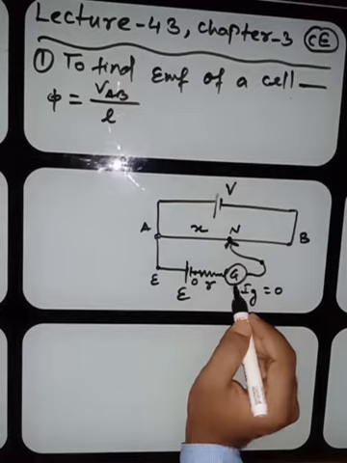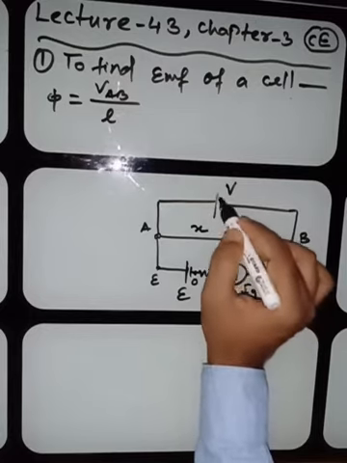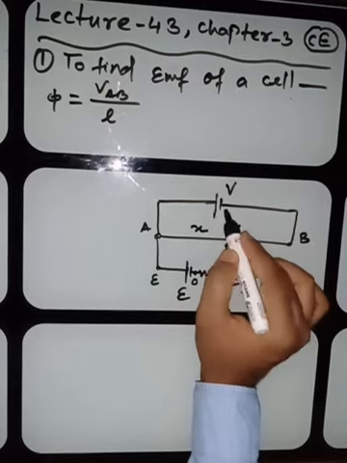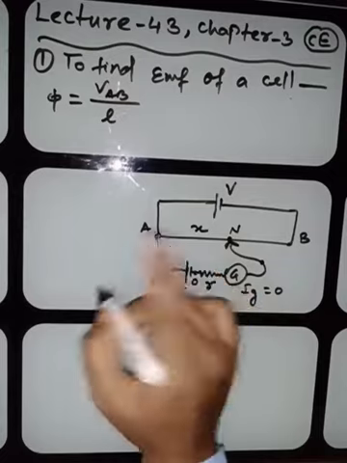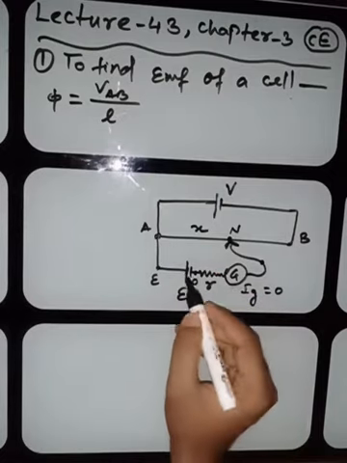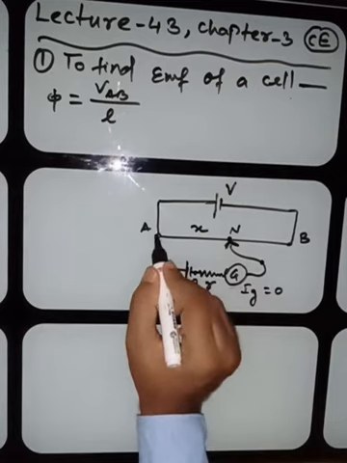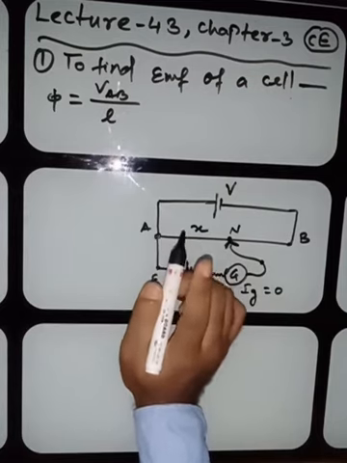So be careful while you are performing the experiment. If you have connected the driving cell's positive terminal at this point, then the positive terminal of the other cell, for which you are doing the experiment, should also be connected at the same point. Otherwise you will not be able to find the balance length.